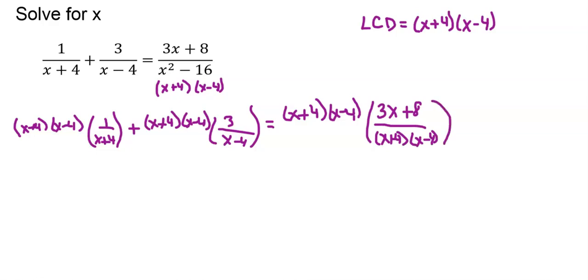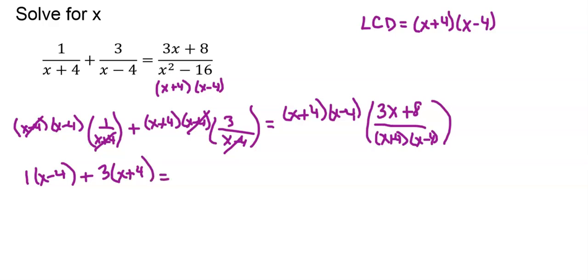Now here's where the magic happens. All of our denominators are going to cancel out now. In the first term it's the x plus 4's that cancel out, and that leaves us with 1 times x minus 4. In the second term it's the x minus 4's that cancel, and that leaves us with 3 times x plus 4.